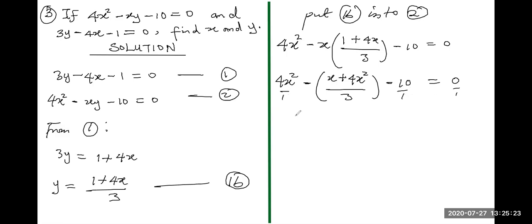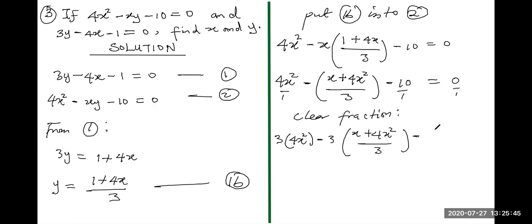All right, so if I use 3 to multiply both sides, clear fraction. So what do we have? We have 3 times 4x squared minus 3 into x plus 4x squared over 3, the minus 10 multiplied by 3 equals 0 times 3.